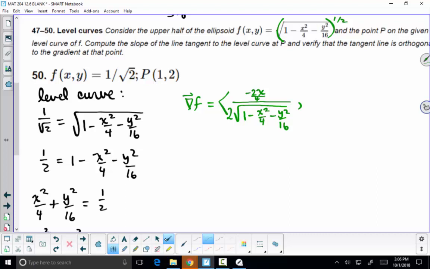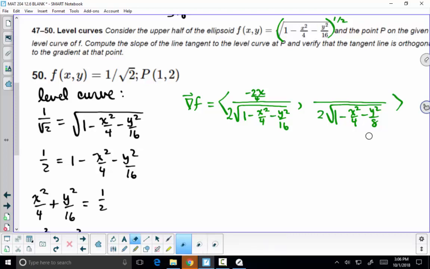And then we partially differentiate with respect to y, so we're going to get that same square root business downstairs. But we're going to multiply by negative, oh, why did I put 8? It's 16. So then we multiply by minus 2y over 16, so it's minus y over 8. So that's our gradient.